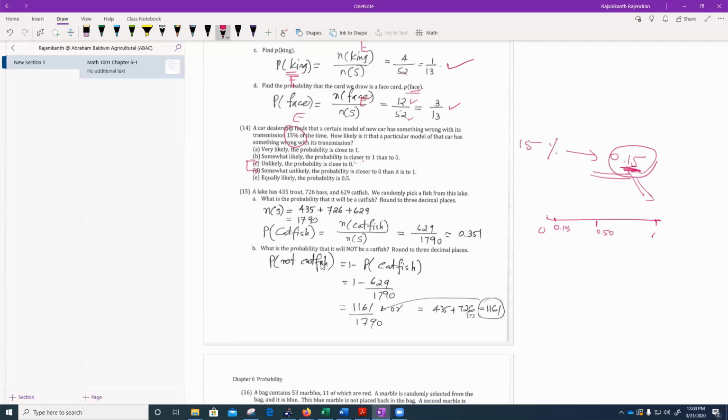If you see a number somewhere here, then your answer is going to be D, because this point is closer to 0 than 1. But we all know that 0.15 is much closer to 0. Therefore, your correct answer is going to be unlikely. The chance is very less, right? Therefore, I'm choosing C.